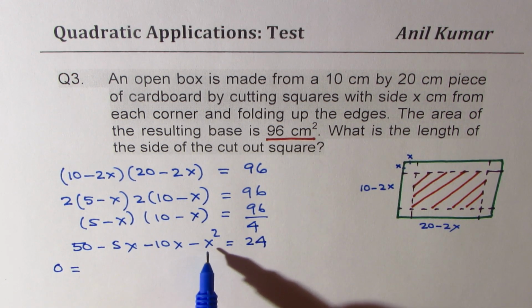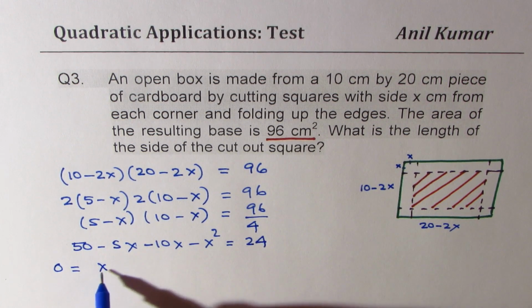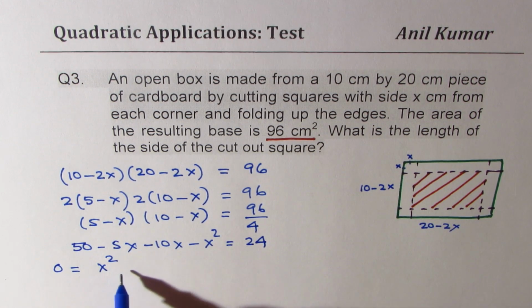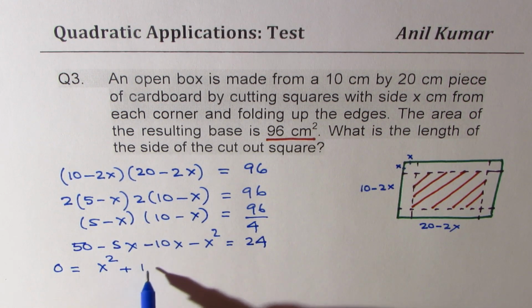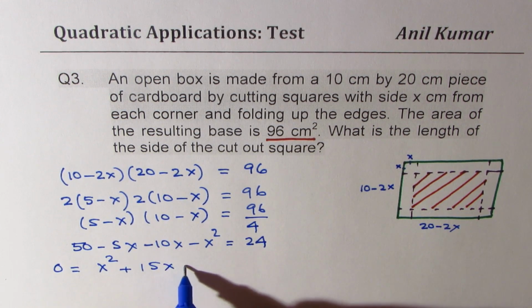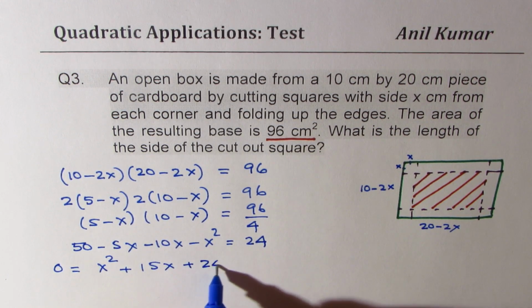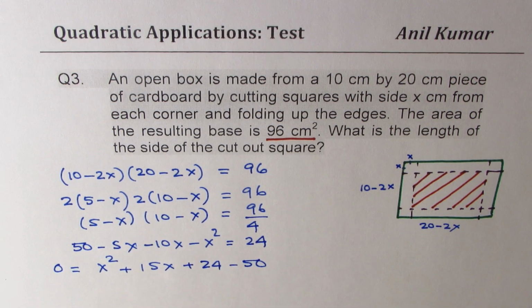We want to keep x squared as positive. That's the whole idea. We get x squared plus 5 and 10, 15x. We have plus 24 minus 50. And that gives us 0 equals to x squared plus 15x minus 26.